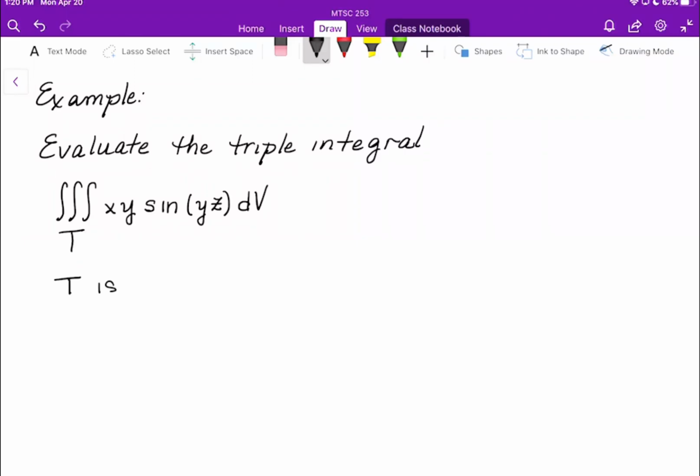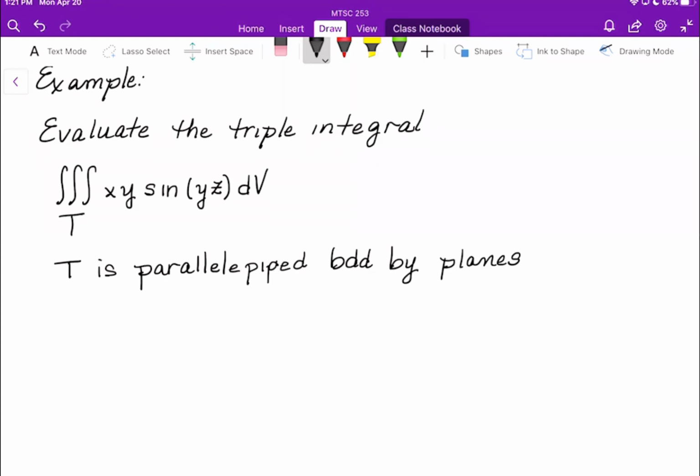T is the parallelepiped bounded by the planes x equals 0, x equals pi, y equals 0, y equals pi over 2, z equals 0, z equals pi over 3.